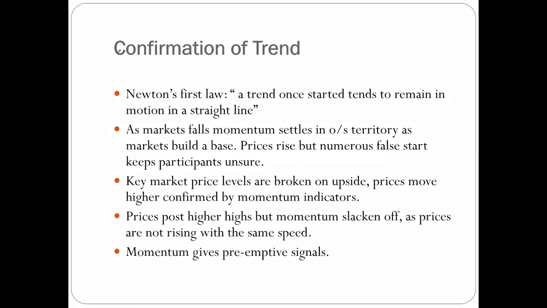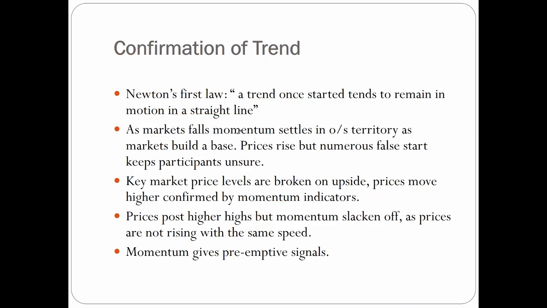How does it help us for the confirmation of trend? Newton's first law says a trend once started tends to remain in motion in a straight line, right? It means that if a trend starts, it tends to remain in motion for some time.